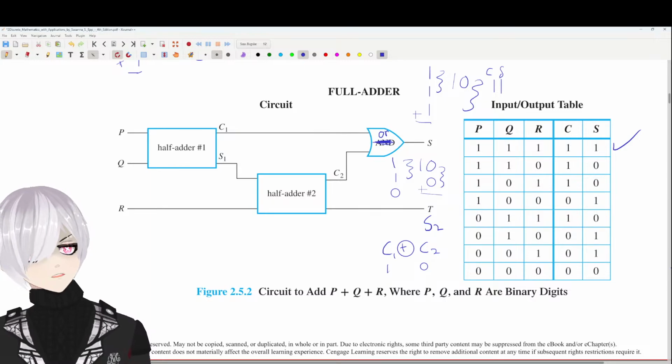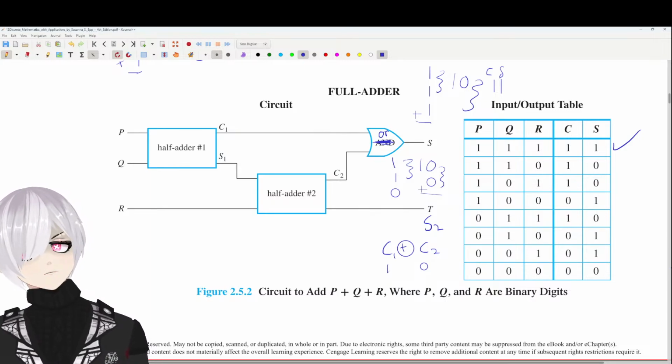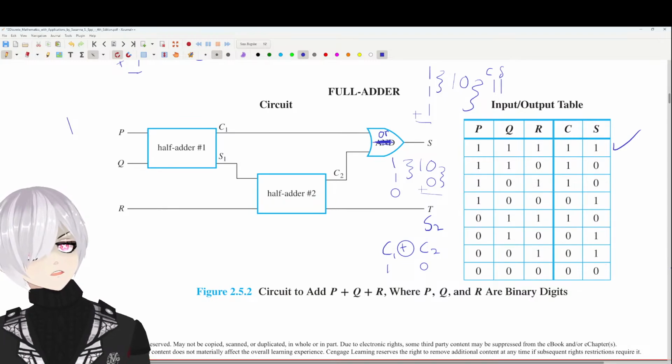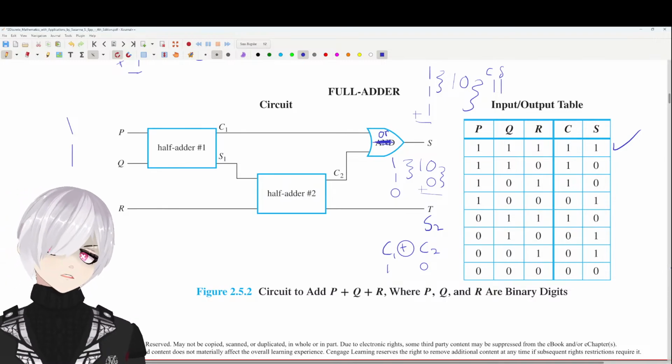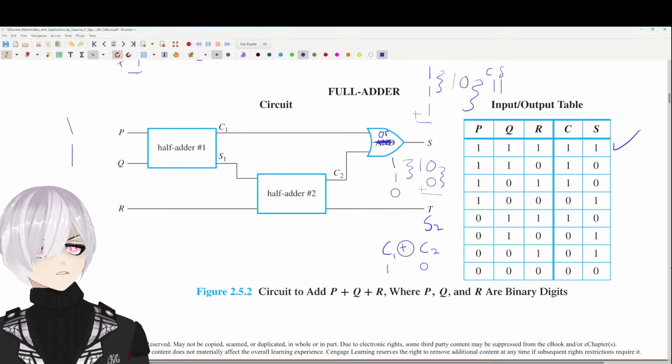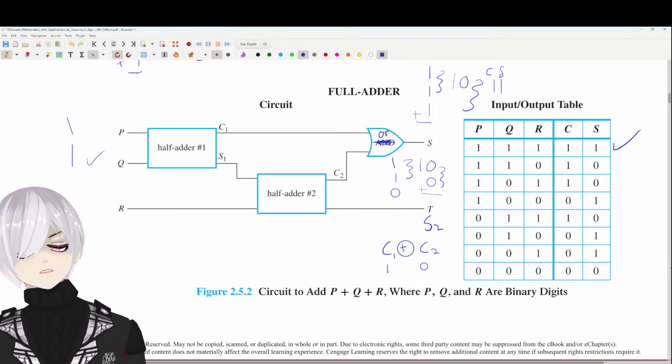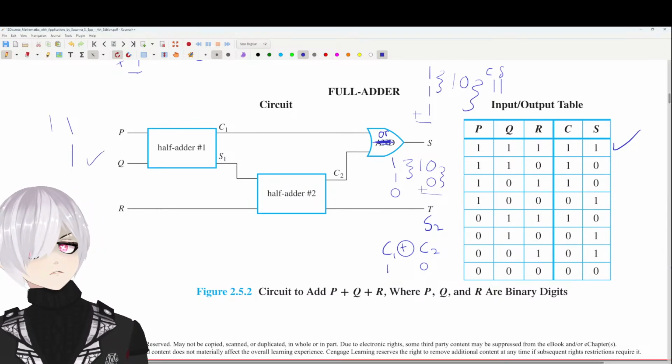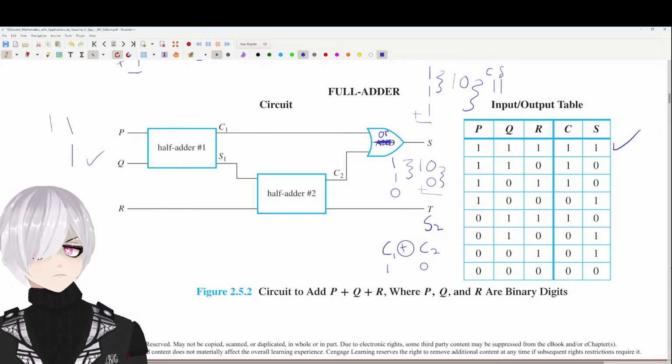So C2 can't be 1 because you can never have a situation where S is 1 and R is 1. R can always be 1. So you can never have a situation where S is 1 and C1 is 1.